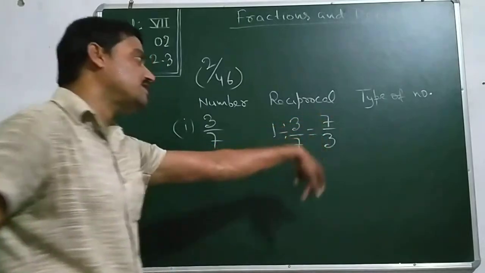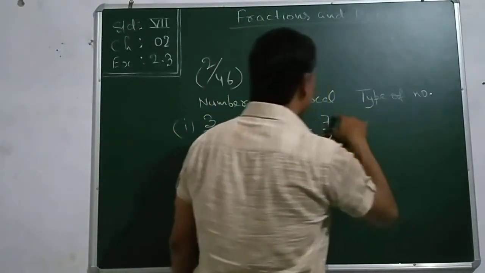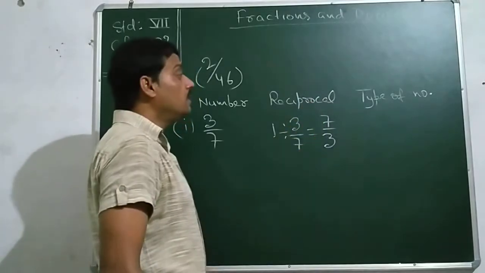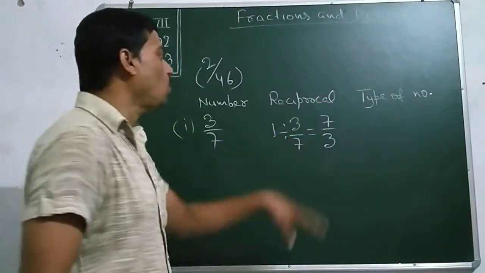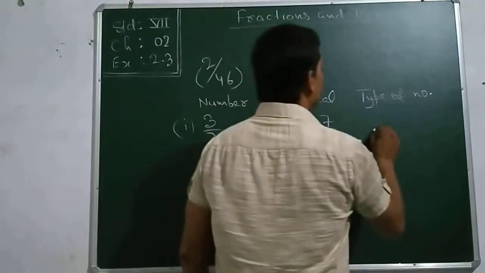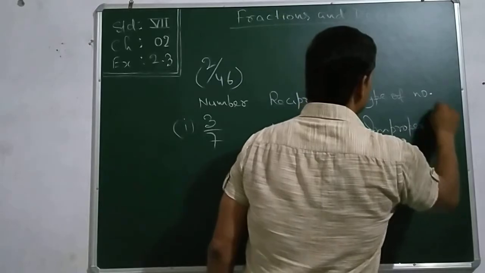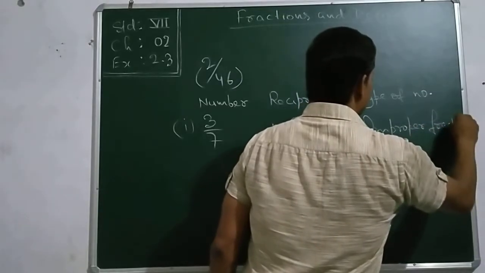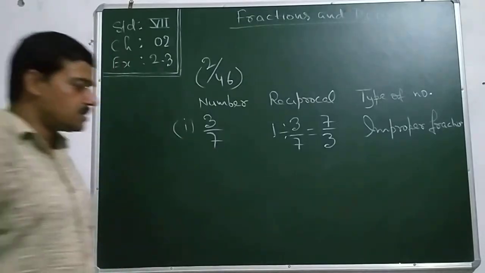And the type of fraction: 7 by 3 is proper, improper or whole number, not the mixed type. Proper, improper or whole number has been asked. This is of course an improper fraction. In this way you will complete the two number sum.